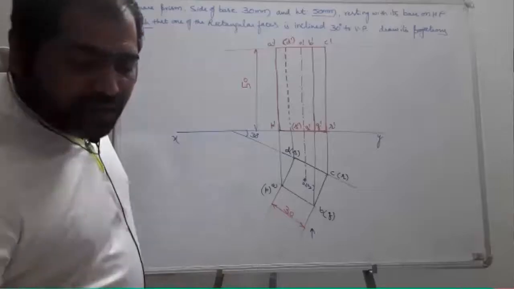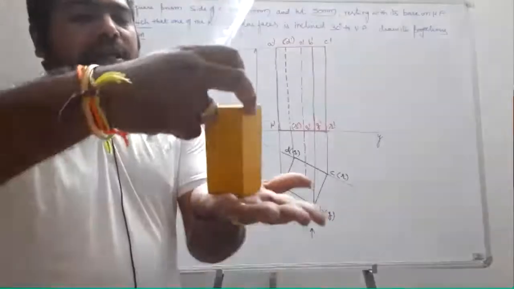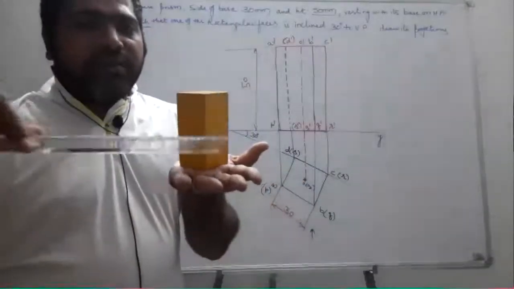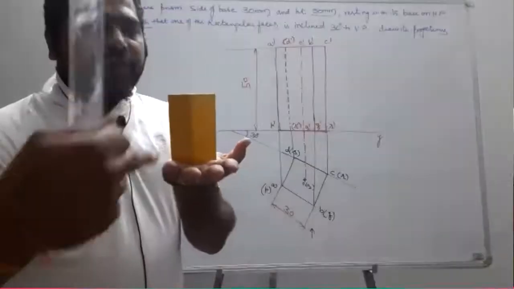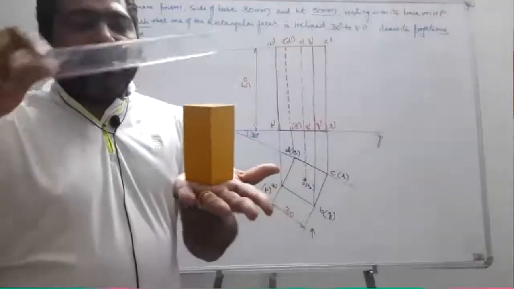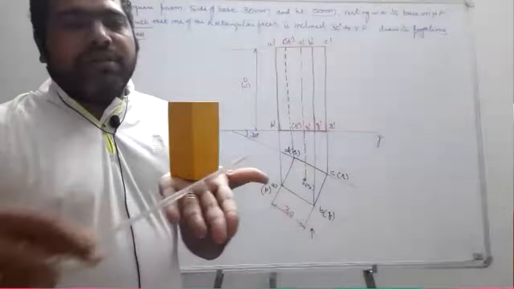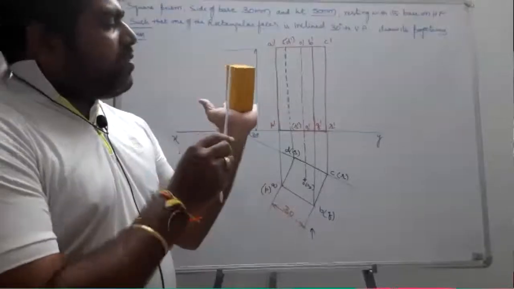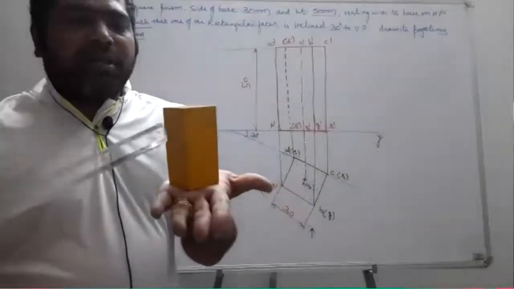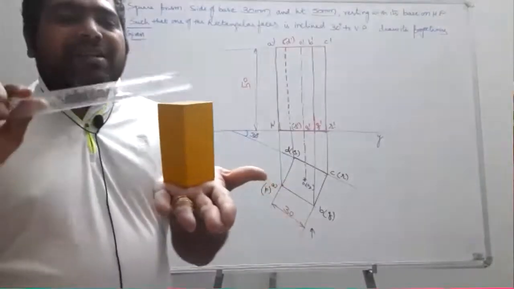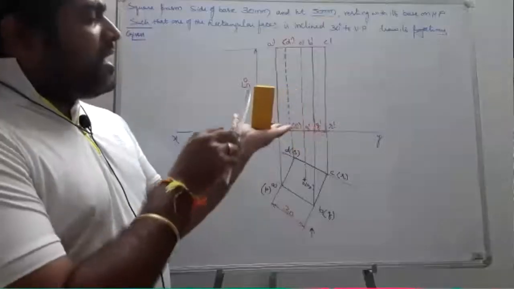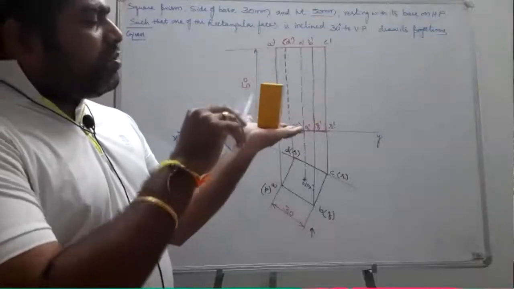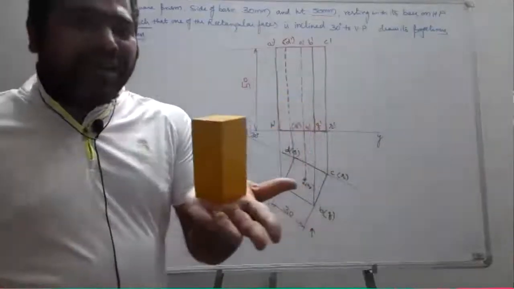Similarly, in the bottom base also, when you are seeing from the front, okay, you notice these 3 points. Similarly, these 3 points, but the point behind, that is, this point, is not seen from the front, so it is hidden. So the edge which is joining these two corners is also hidden.